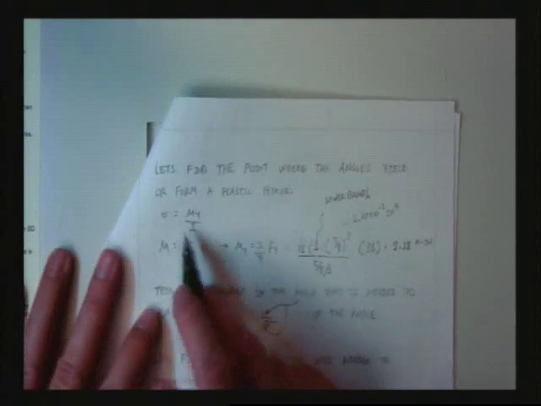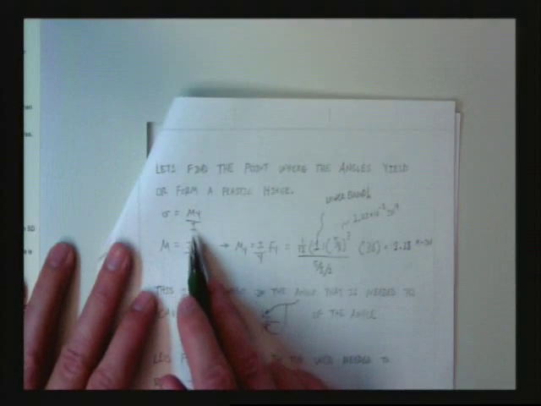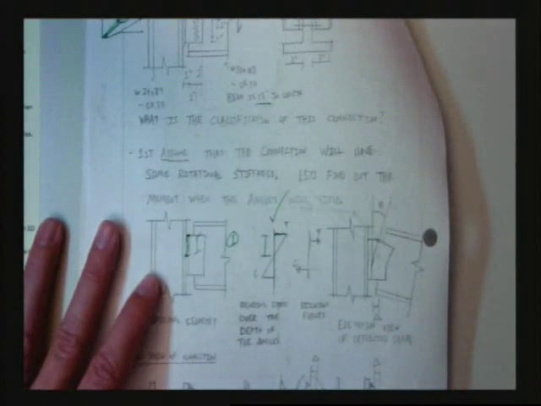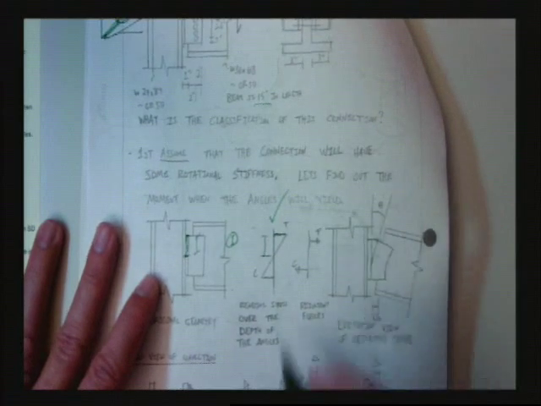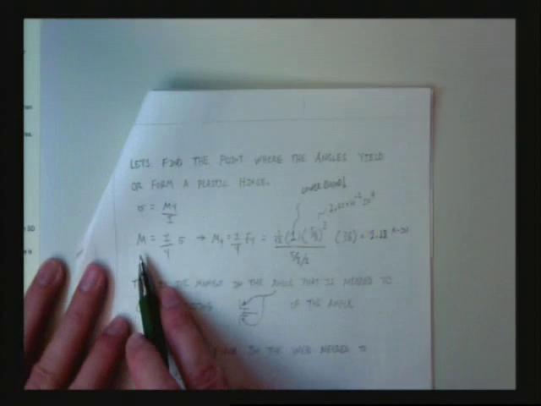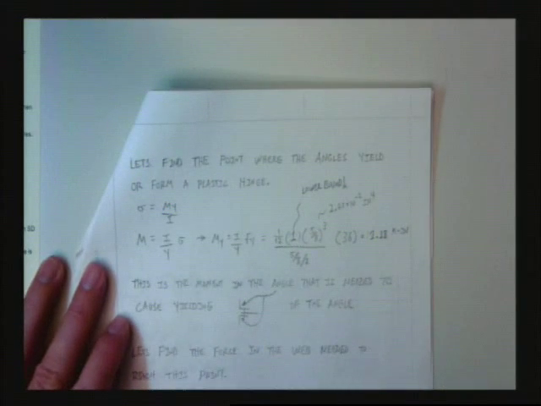Okay? So let's find the point where the angles yield or form a plastic hinge. So what we're going to do is say sigma, the stress, is equal to My over I. When I talk about sigma, I'm really looking at this bending diagram. That's sigma. I'm finding where that sigma is equal to My over I, and I'm going to solve for my moments, because I'm going to have an external moment.